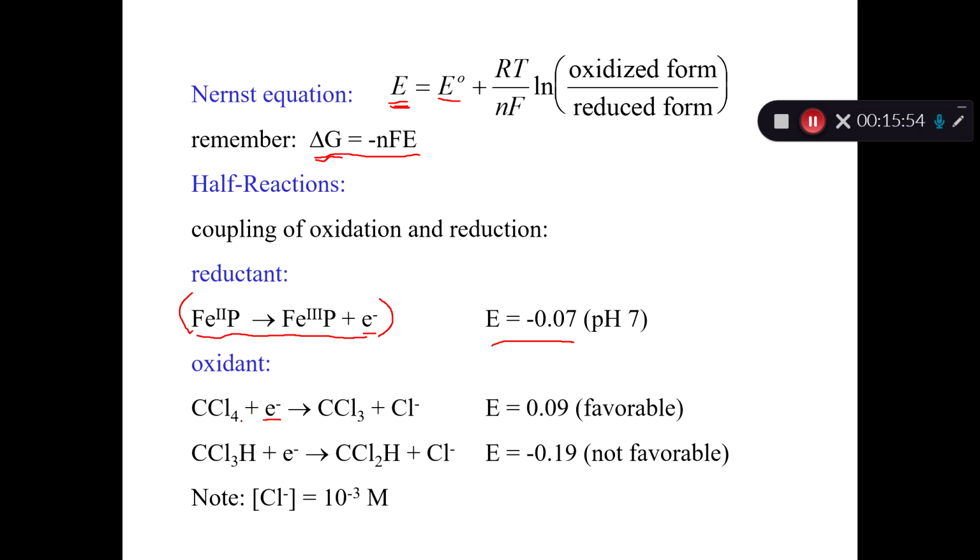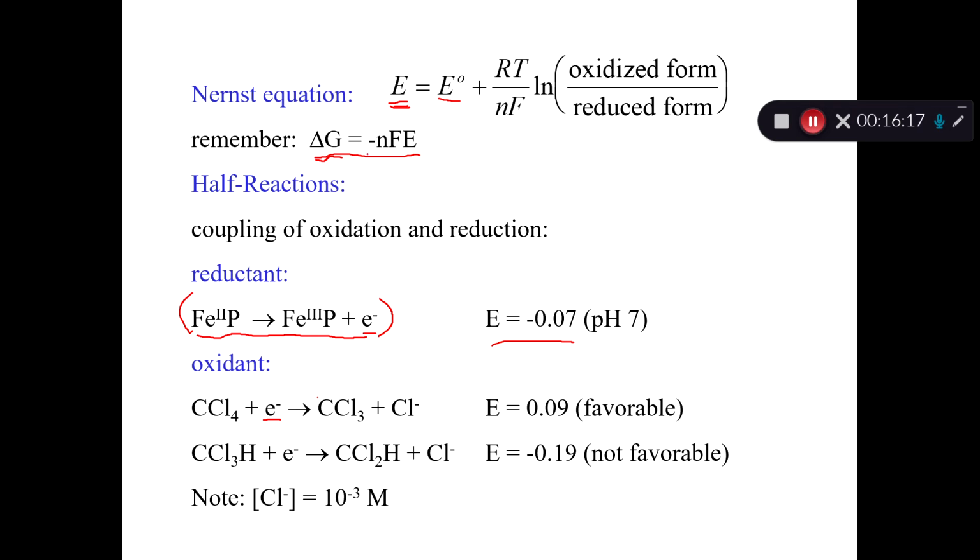Okay, so the iron porphyrin is the reductant. If the oxidant is carbon tetrachloride, add an electron to it, you get the trichloromethyl radical and a chloride, and the E of this is 0.09. So if I add the minus 0.07 to the plus 0.09, I get plus 0.02, and as long as E is positive, it's favorable.